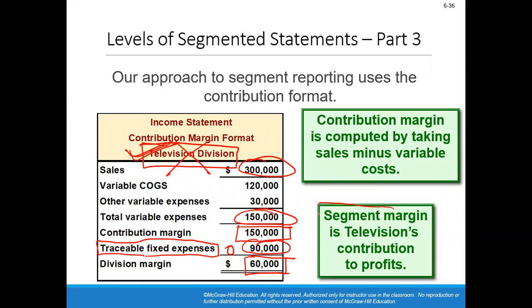Rather, it is the Weaver Incorporation television segment margin. So you might think of this 60,000 as the contribution the television segment is making to the total profit of Weaver Incorporation.